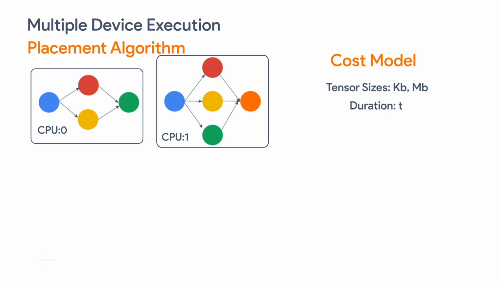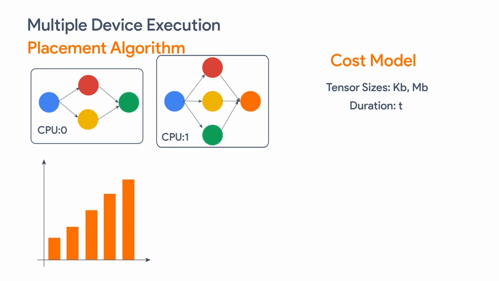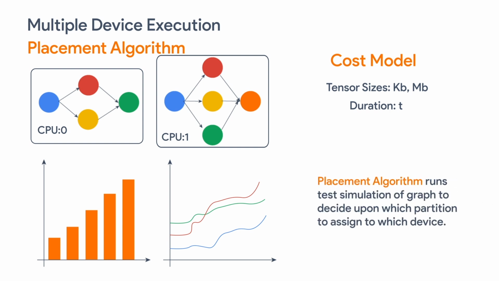The cost model is either statistically estimated based on heuristic functions or it is measured based on actual placement decisions taken in the past. The placement algorithm also runs a simulated execution of the graph in order to decide which device to assign to a particular node. We will talk in more depth about the placement algorithm in a later section of the video.